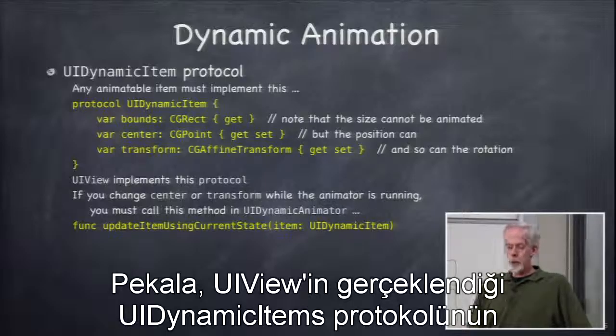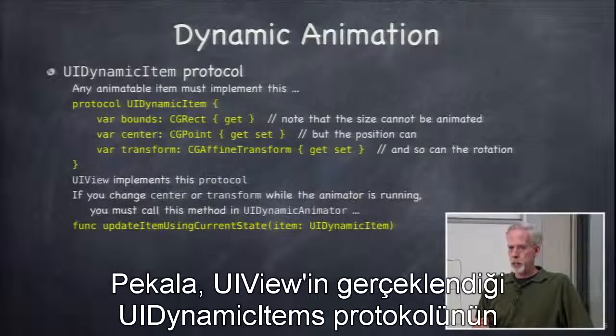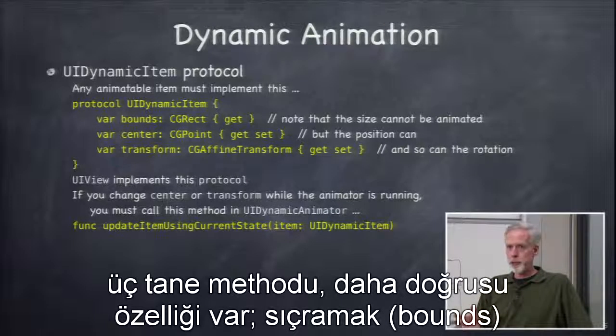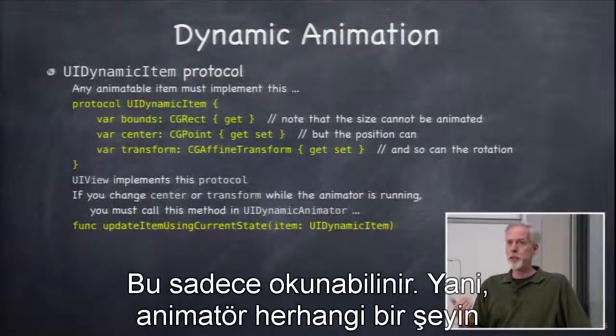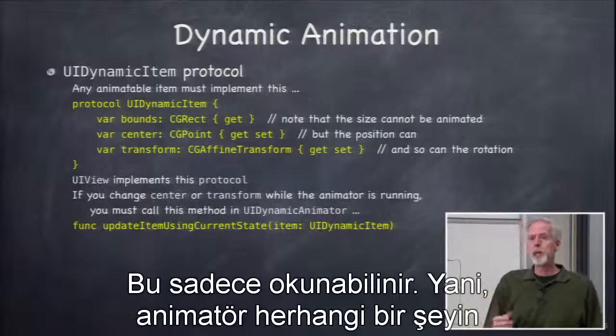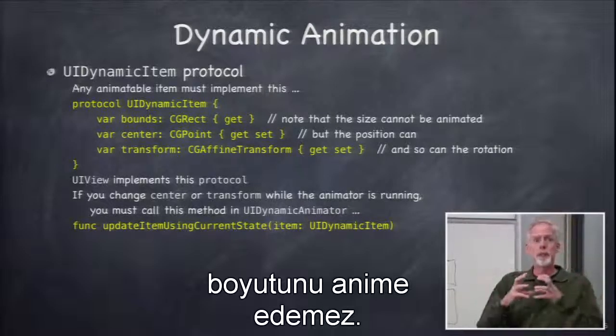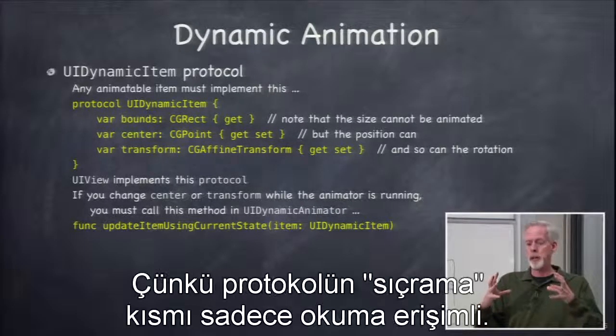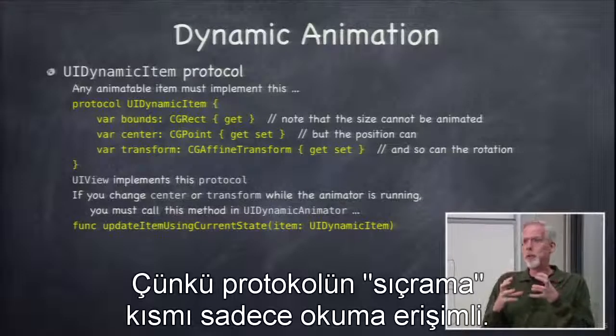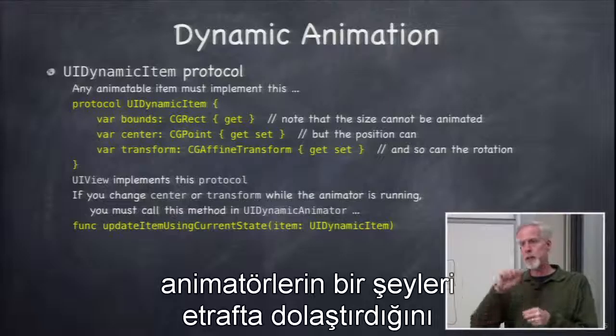Okay, that protocol I was talking about, UI dynamic item, that UI view implements, it just has 3 properties. Bounds, this is read-only. So that means the animator cannot animate the size of something, because the bounds part of the protocol is read-only. So the 2 animatable properties are the center, so that's the position of the thing.